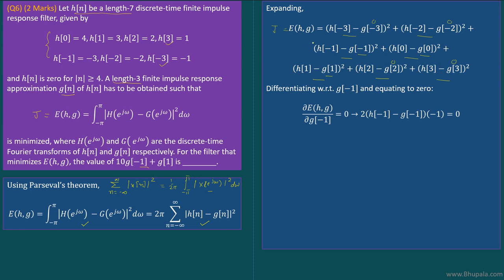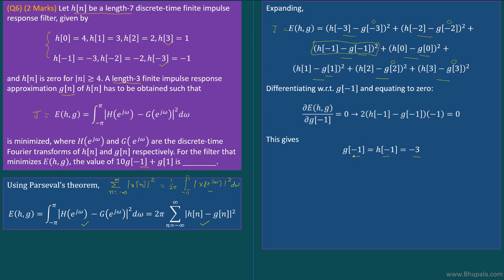Only this term alone has g of minus 1, and hence if you differentiate with respect to g of minus 1 and equate it to 0, you will get 2 times h of minus 1 minus g of minus 1, and again you have to differentiate the term inside the bracket, so you will get minus 1 here. If we equate it to 0, we can see that g of minus 1 is nothing but h of minus 1, which is equal to minus 3.